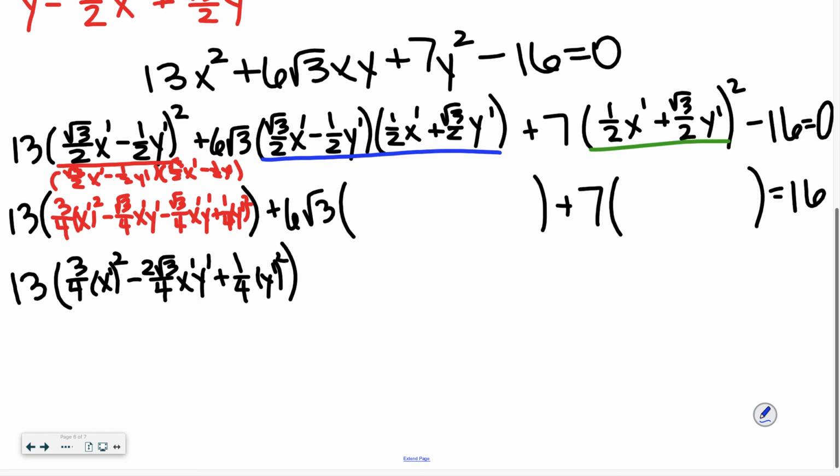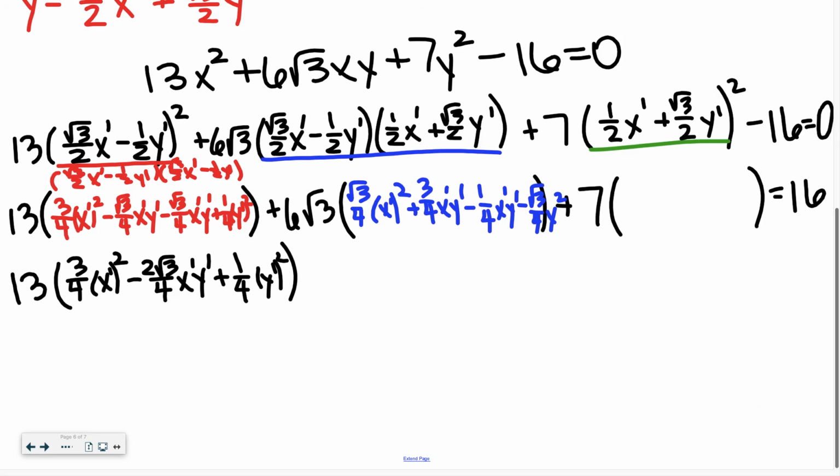So if we FOIL here, our first product is radical 3/4 x prime squared. Our outside product is 3/4 x prime y prime. Our inside product is -4 x prime y prime. And our last product is negative radical 3/4 y prime squared.